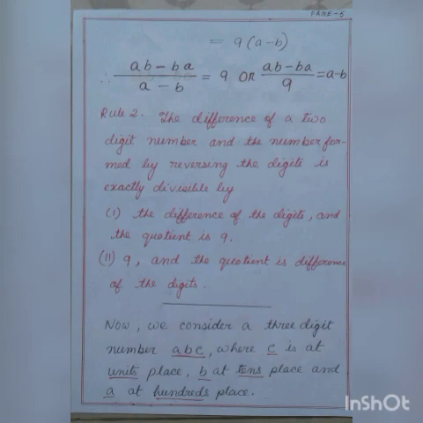Number 2: divided by 9, the quotient is the difference of the digits.